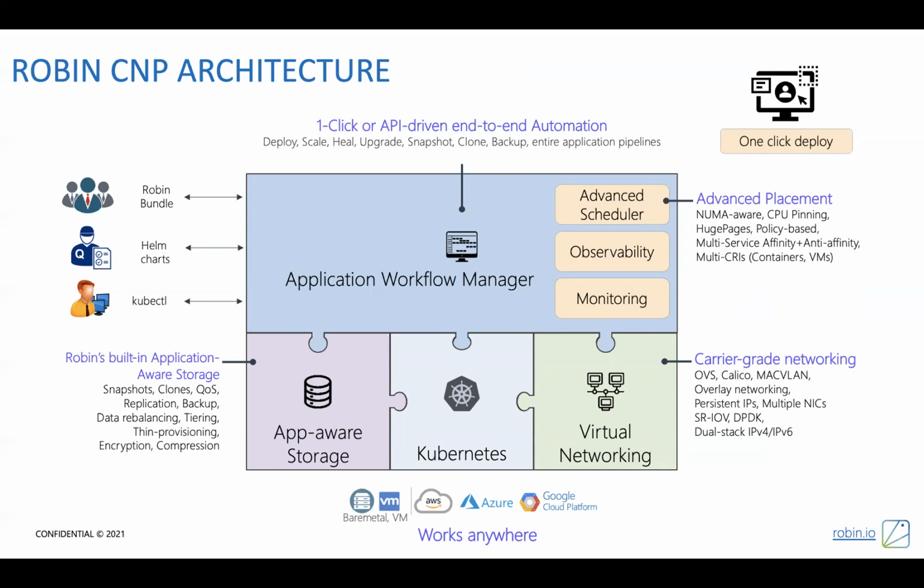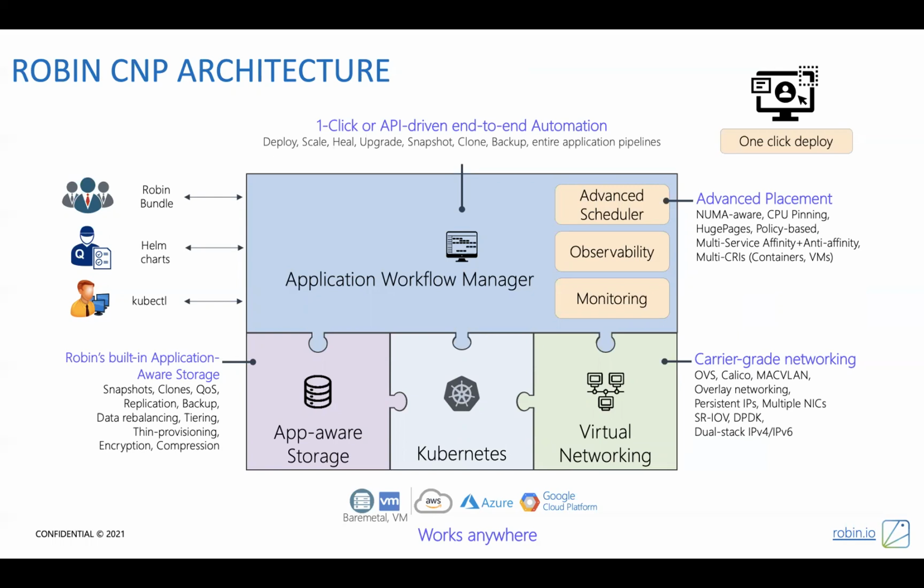Robin CNP can be deployed anywhere, whether it's bare metal, VM, or any public cloud. And we have a one-click deployment script that can deploy your entire cluster using one single script, which packages all the things that we bring with the solution and can be deployed anywhere.